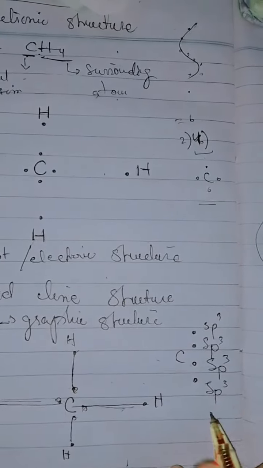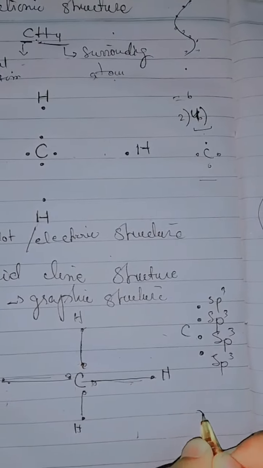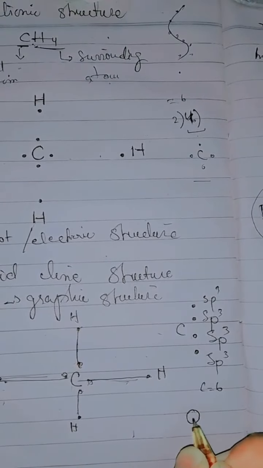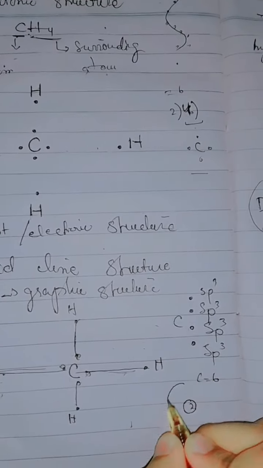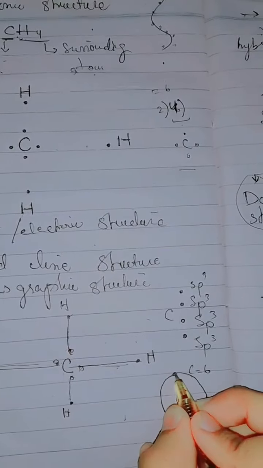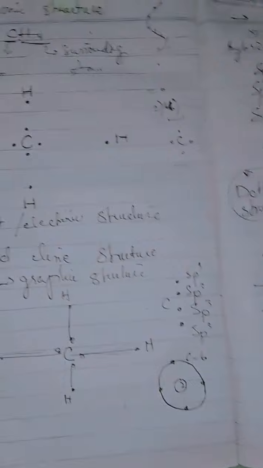Now how can we know that there will be sp3 hybrid orbitals in carbon? In carbon there are 6 electrons, 2 in the first shell, and in the outer shell there are 4 electrons: one electron, second electron, third electron, and fourth electron.